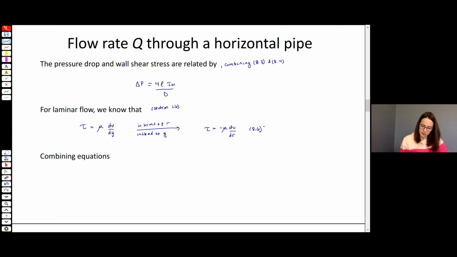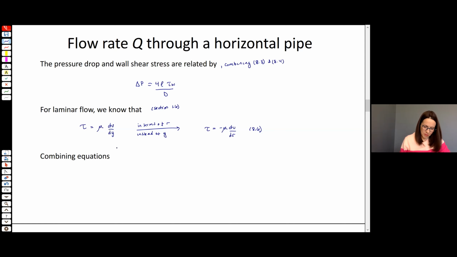You can do this just if you switch variables from y to r, but it also makes physical sense, right? Because we need a positive shear stress for du dr less than 0, right? So as you go from the center line of the pipe, as r increases, the velocity decreases, right? And so we get a negative sign there, but we need a positive shear stress at the wall. So everything checks out in terms of the physics.